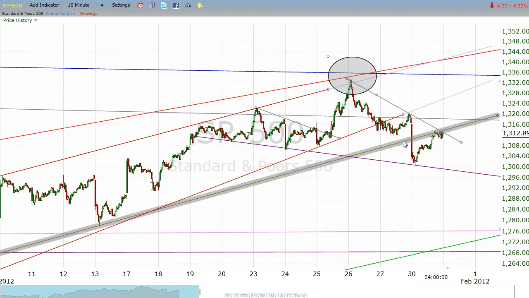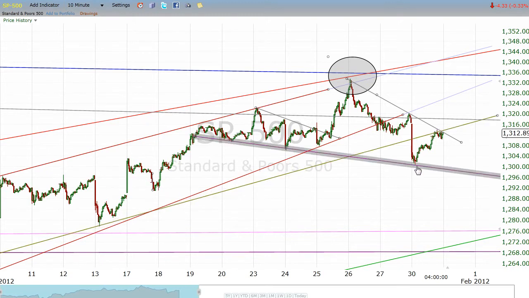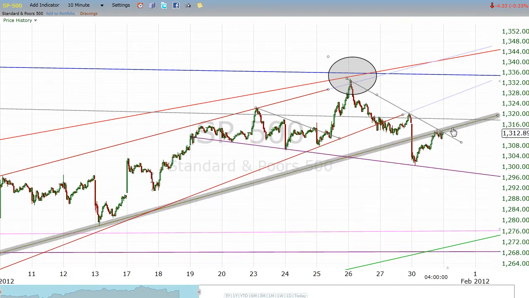Then once this channel line broke down, we came down to a line that just happens to line up with the lows on the 20th and the 24th. And we bounced at that level on this trend line, came back for a back test of the channel.